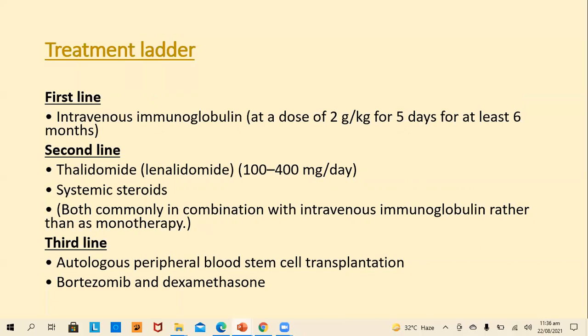Then third line therapy includes autologous peripheral blood stem cell transplantation or bortezomib and dexamethasone.